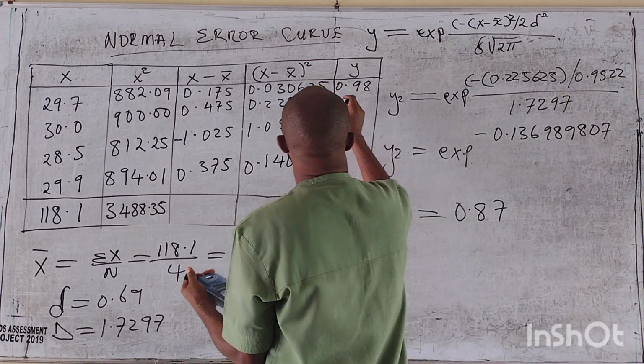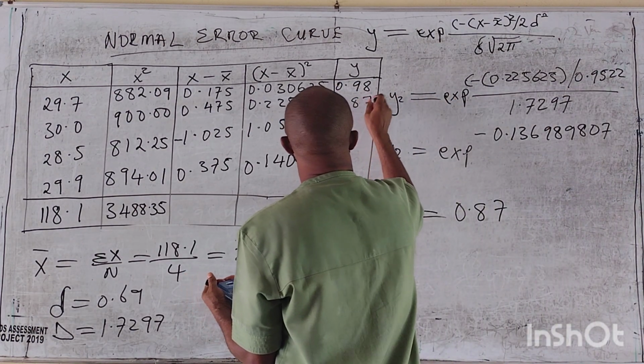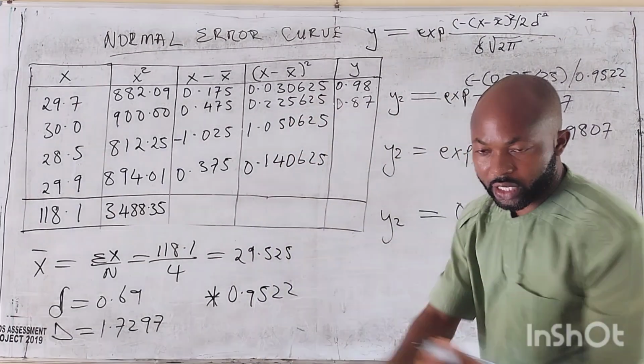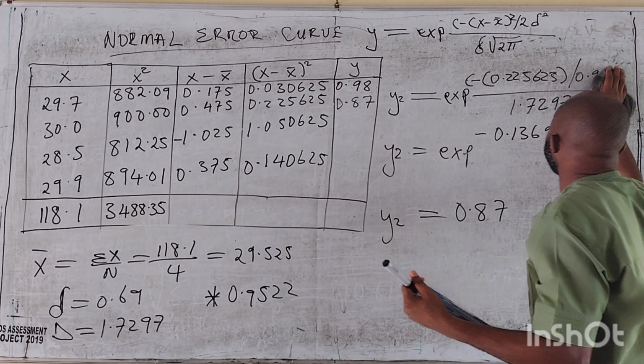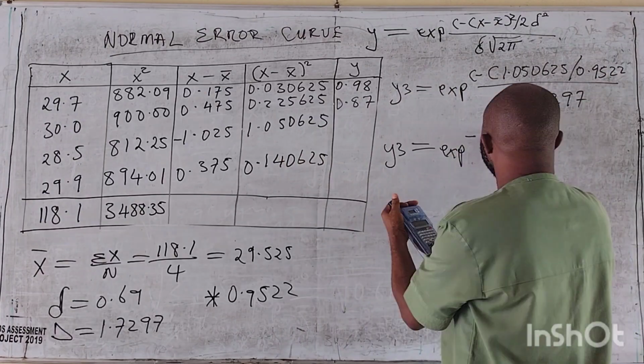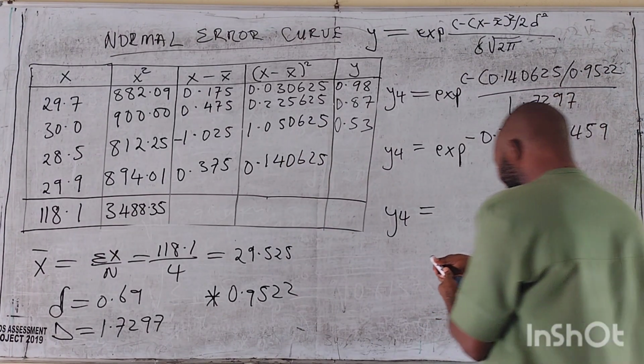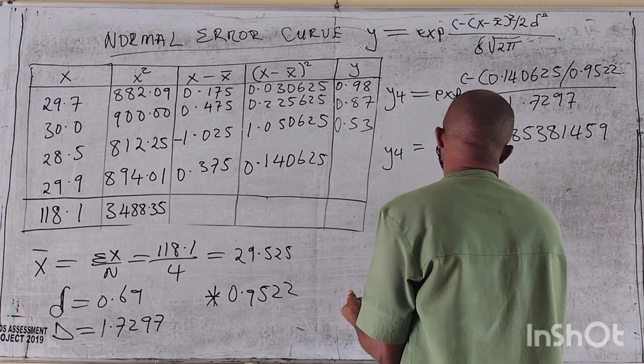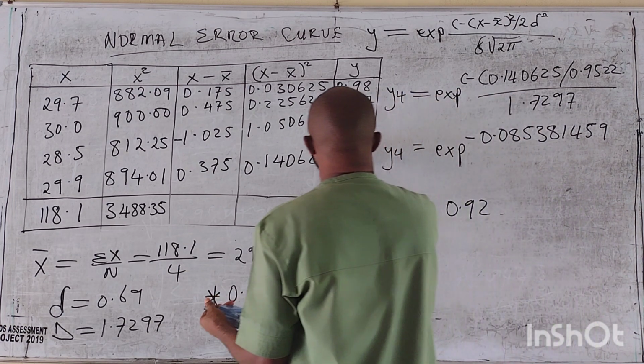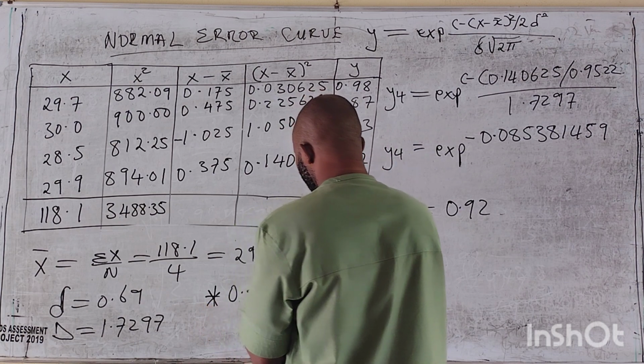I come down here and write 0.87. Take it out and go again. 0.92. So I come back here and write 0.92.